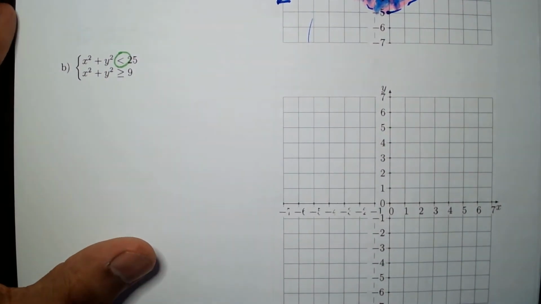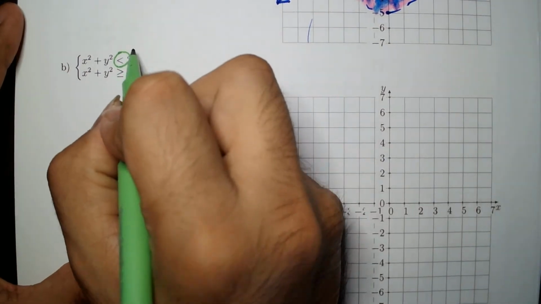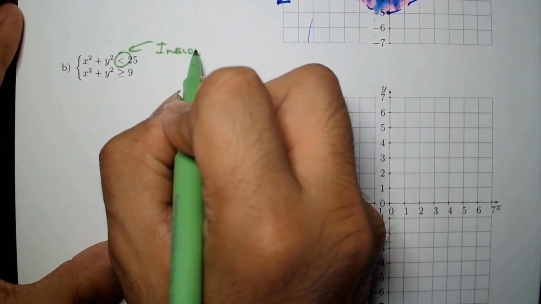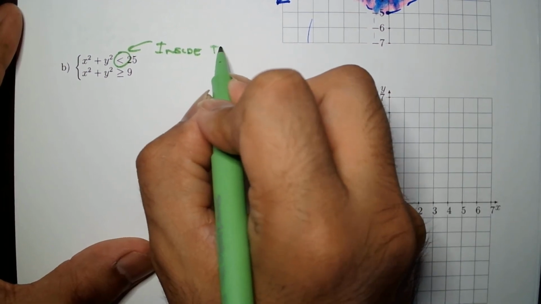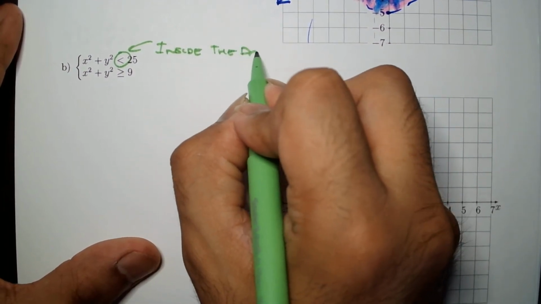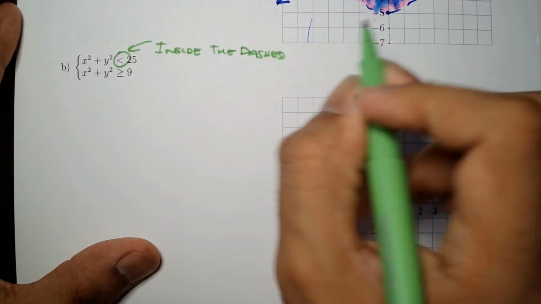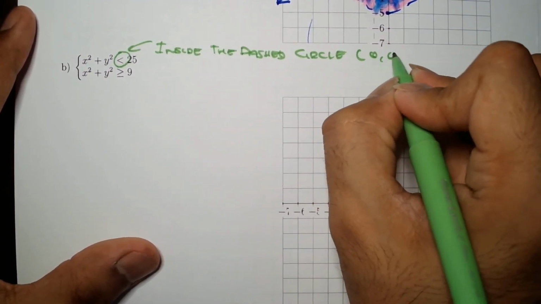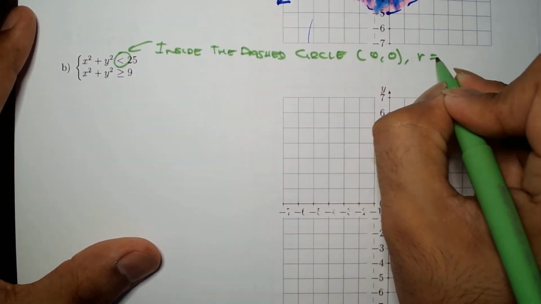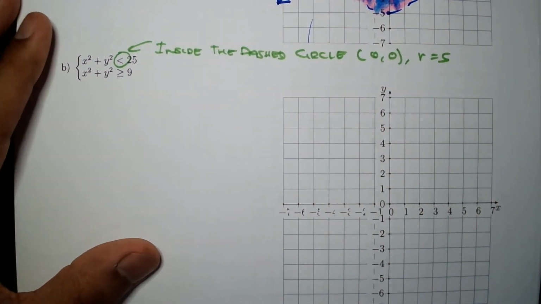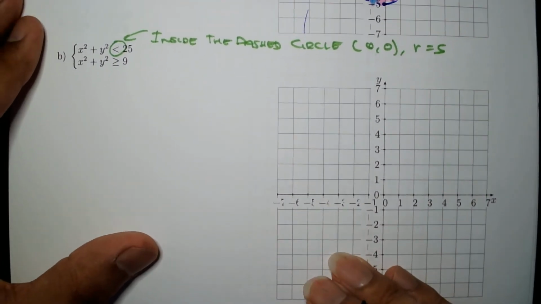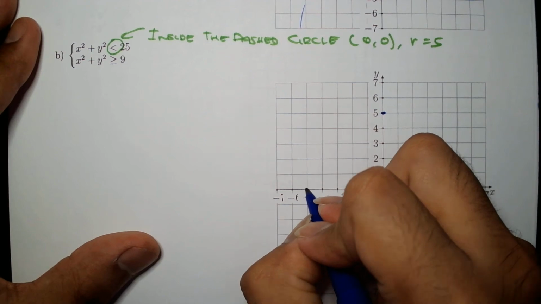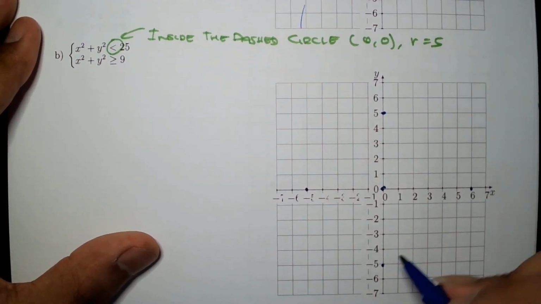Again, a circle of radius 5, and the same inside the dashed circle, whose center is the origin again, and the radius equals 5. And it's dashed, actually. I'm going to go 0, same, 5, negative 5, 5.